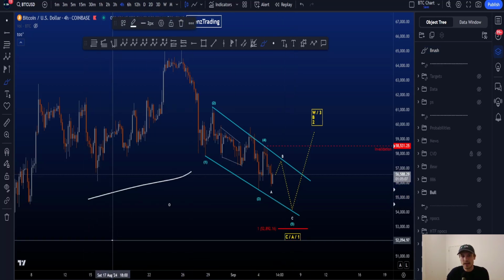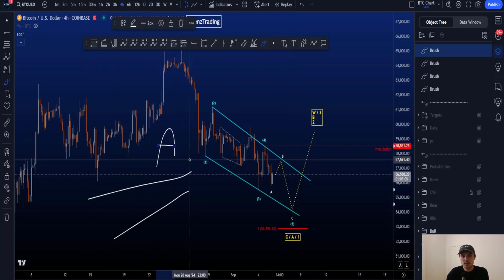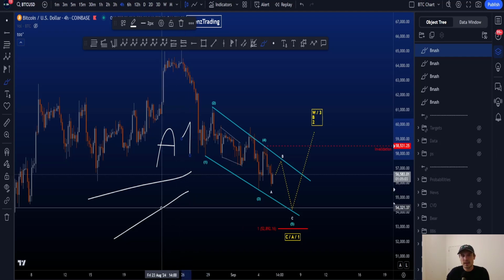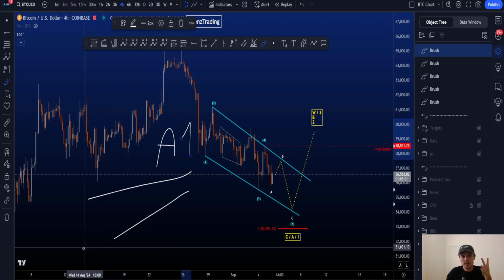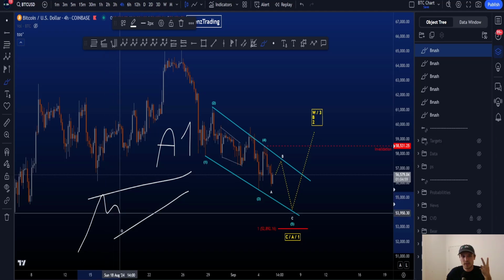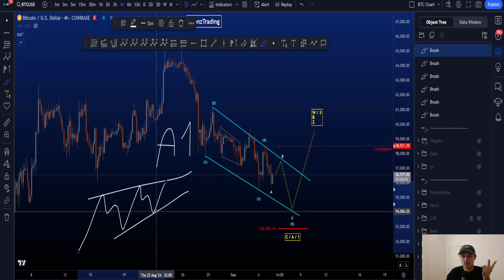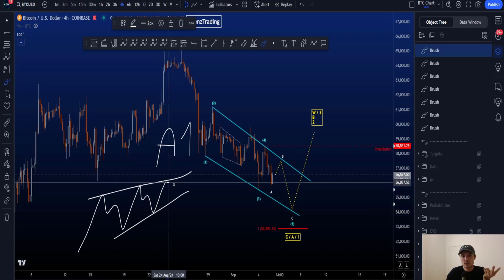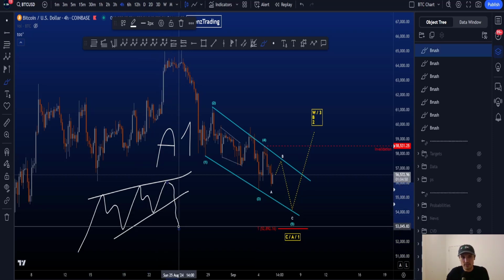A leading diagonal, which is labeled as a wave 1 or a wave A, can have 2 subdegree counts. It can be an impulse, a 5, a 3, 5, 3, and another 5, a 1, 2, 3, 4, 5, a diagonal, and then you look for a retracement to the downside.